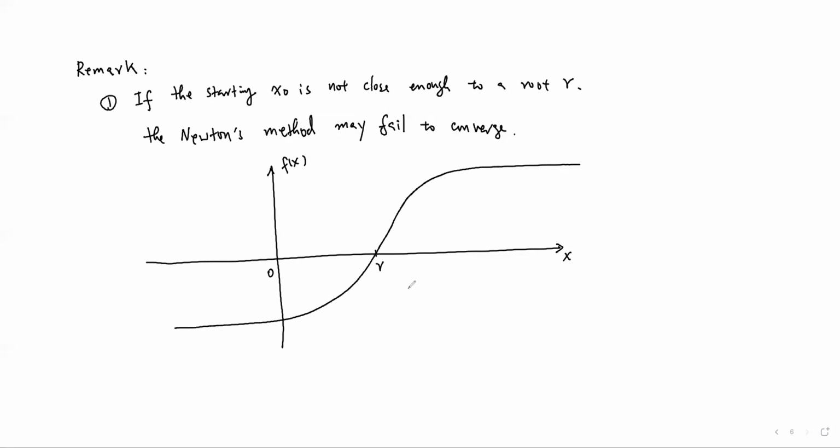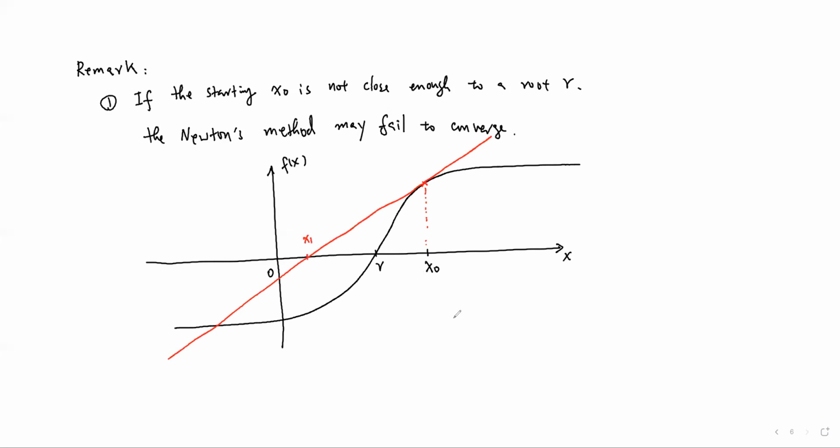If I pick an initial guess here, say for example here, then x1 is the intersection point of the tangent line at x0 with the x-axis. Let me draw the tangent line. Then x1 is here.